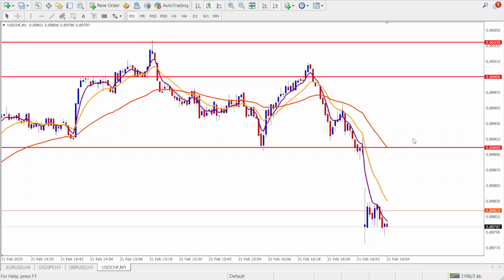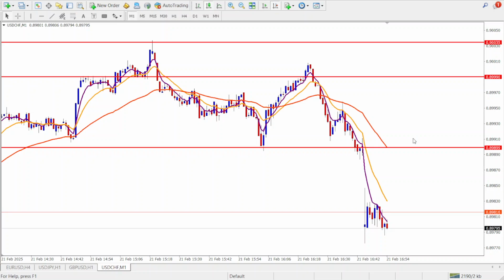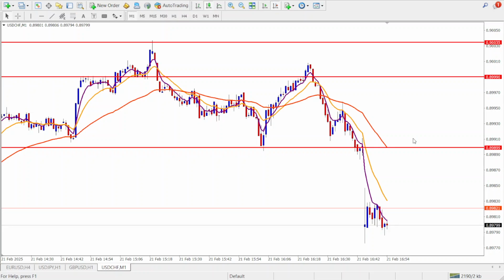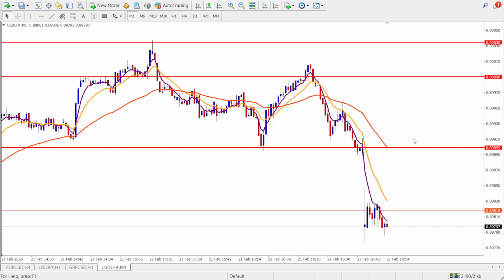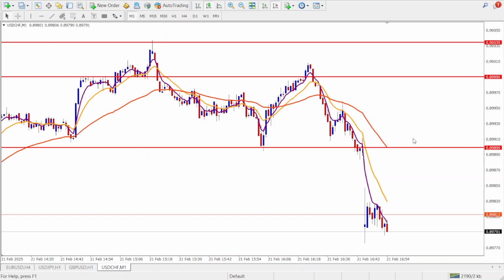If you have a small account size, I would recommend that you perhaps use a cent account so that you can have the luxury of employing proper risk management. Because let's say you have a $50 account, 2% of $50 is $1. And of course, we know that the smallest lot size is 0.01.